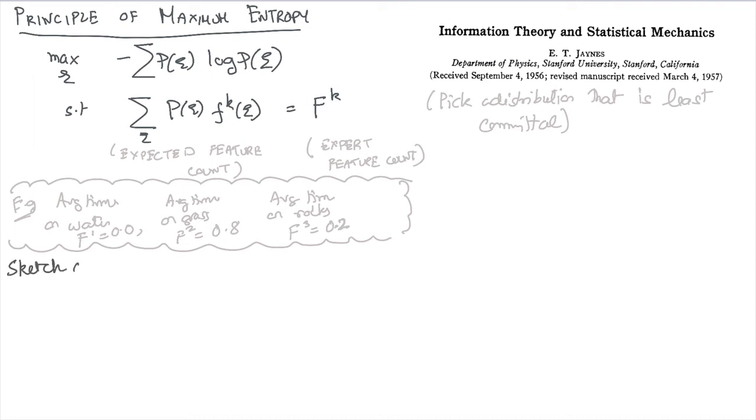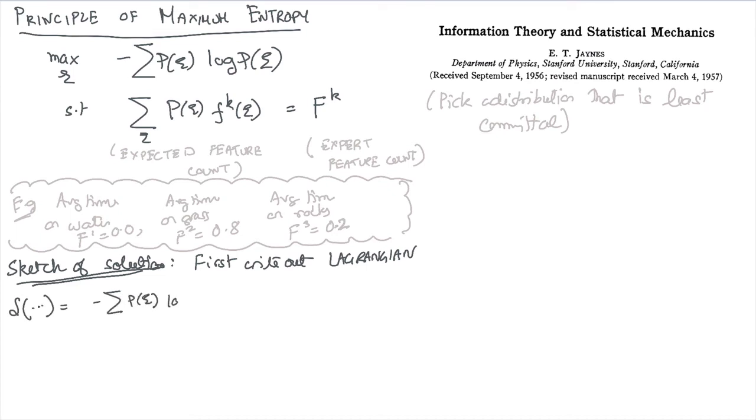Now, we won't go through the full solution, but provide a sketch here, but I highly recommend working it out yourself. So the first step is to write out the Lagrangian of this constraint optimization. And the Lagrangian is the objective minus the Lagrange multipliers times the equality constraint.